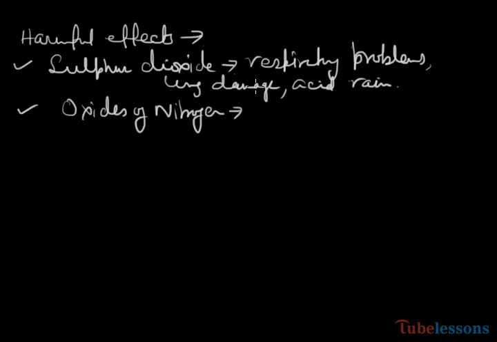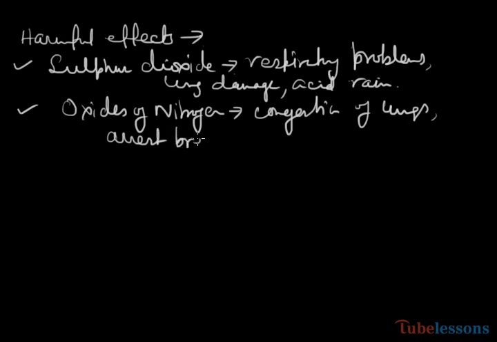Burning of petrol and diesel in automobiles is a source of emission of oxides of nitrogen, and these oxides of nitrogen cause congestion of lungs, arrest breathing, and may be responsible for the formation of smog as well as acid rain. So these are the harmful effects of oxides of nitrogen.